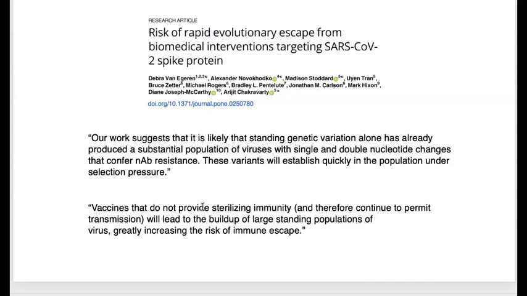The virus can still replicate in you. It just may not kill you or send you to the hospital if you're vaccinated, if you're a certain type of individual, meaning having multiple comorbidities. So if it's non-sterilizing and very specific, that could lead to a buildup of large standing populations of virus that are more likely to undergo immune escape.